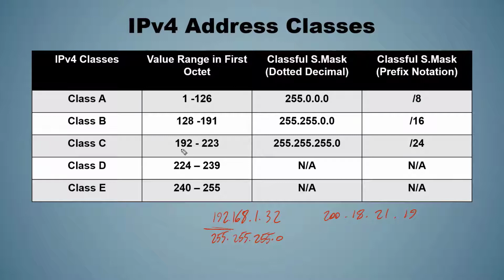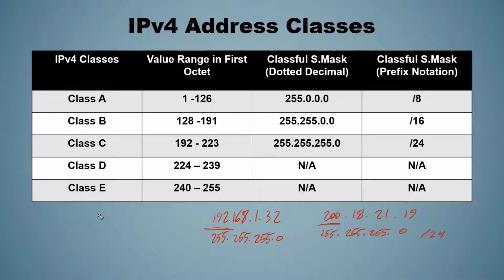Because class C range goes from 192 to 223. And 200, looking at the first octet, falls into this range. Therefore, this IP address, it's also part of class C network. And the subnet mask would be 255.255.255.0. And if I want to write down the CIDR notation format, would be /24.